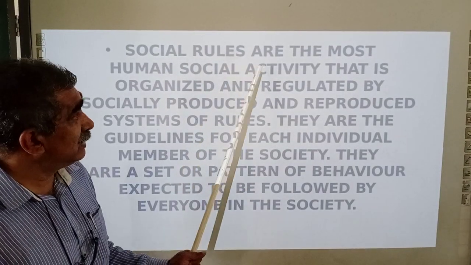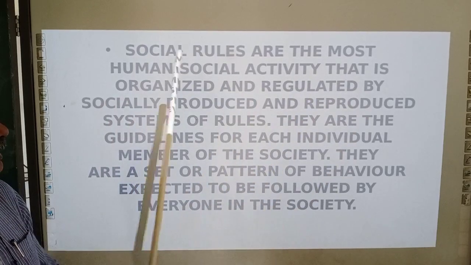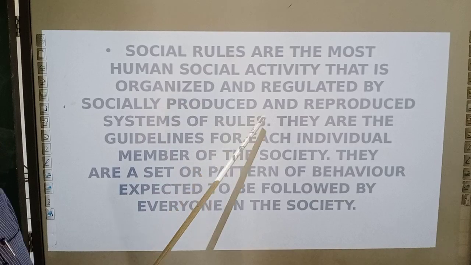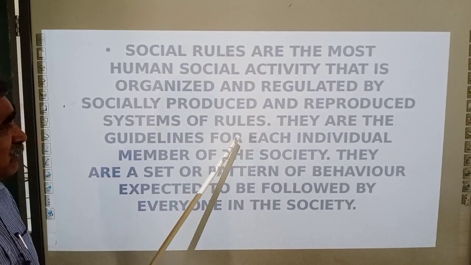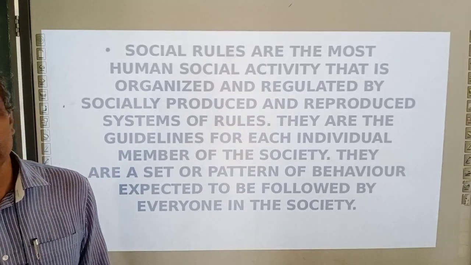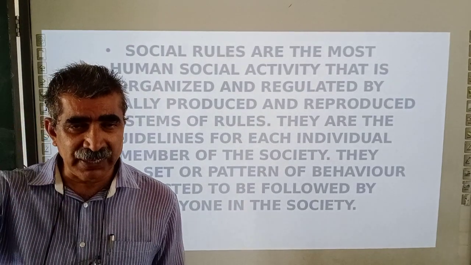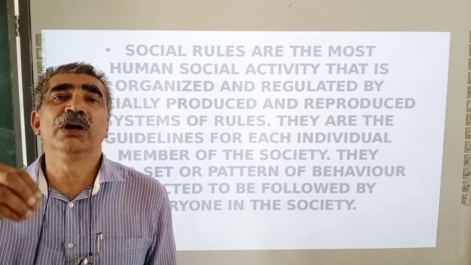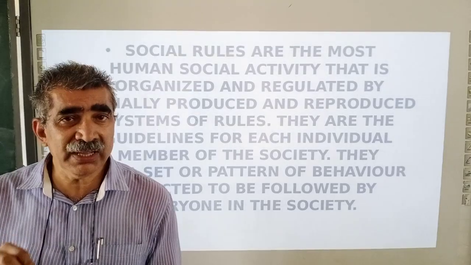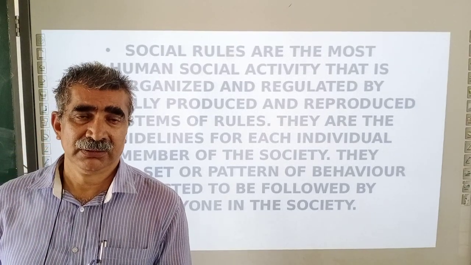See, social rules are the most human social activity that is organized and regulated by the socially produced and reproduced systems of rules. You know, there are some social rules. When members of the group are studying, you are bound to study. That's a social rule. Nobody has to impose upon you, but you know that should be done.